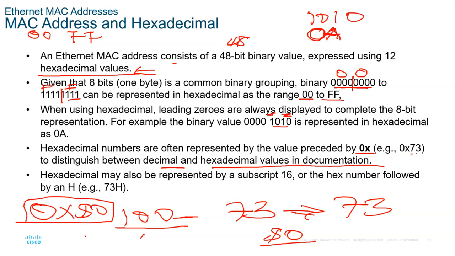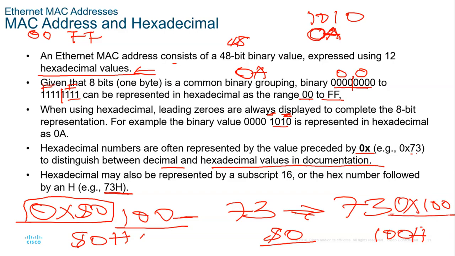Or you can write it as 80H. In scenarios where the context is clear it is self-explanatory, but if the context is not clear, then we can add the H or 0x.